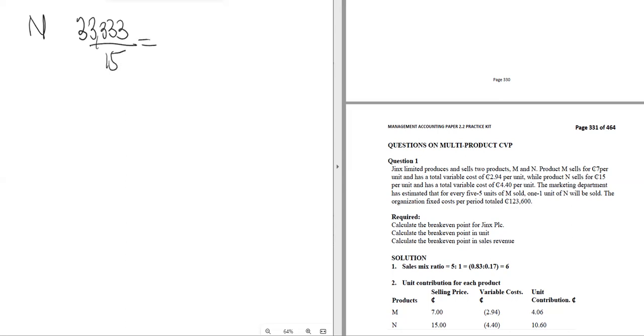That gives us 2,222 units. So these are the two approaches that you need to use in solving multi-product CVP analysis.